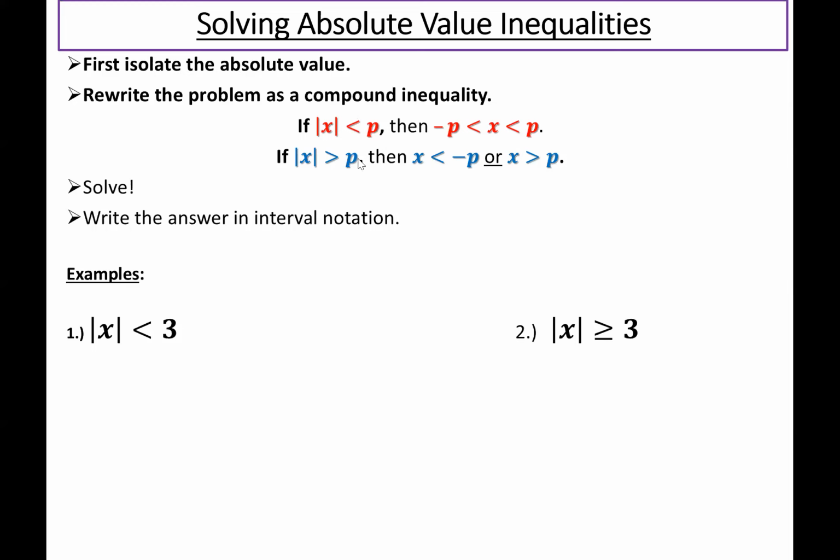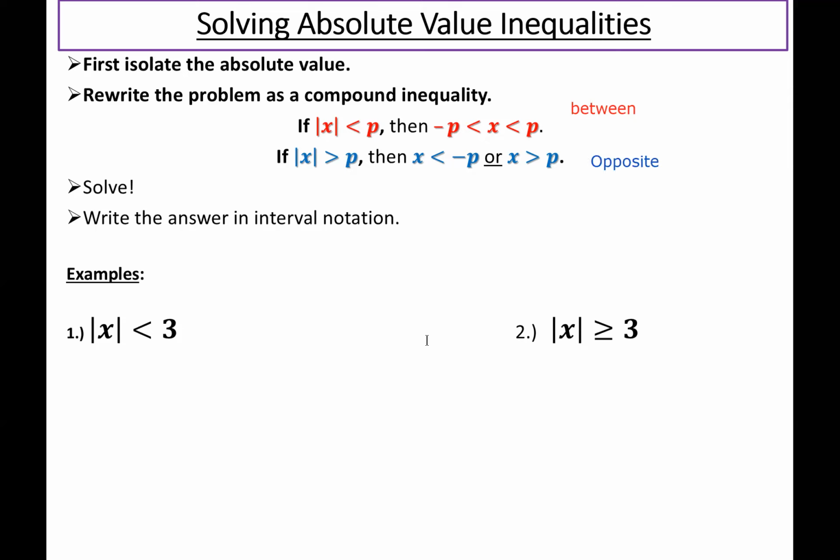If you have greater than, then you'll go on the opposite sides of your endpoints. Okay, so I'm just going to write those words as just some reminders. Between is one, and then the second type we're going to say opposite. So less than is between, greater than will be opposite.